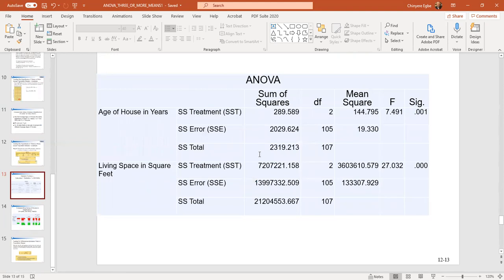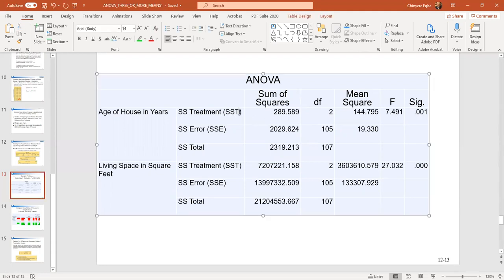for purposes of this class, we're going to print out an SPSS output. So you're going to receive information on the sum of squared errors for the treatment, which is for the groups, and the sum of squared errors between the groups. Since we have three different groups, the degrees of freedom will be 3 minus 1, which is 2 degrees of freedom.